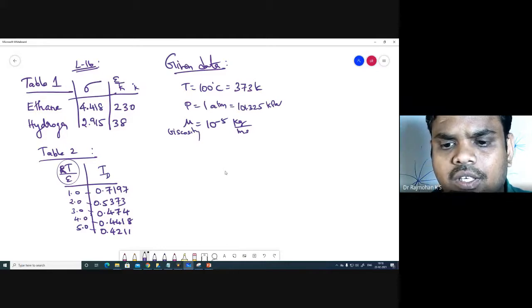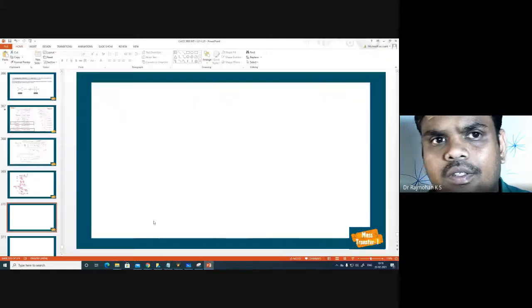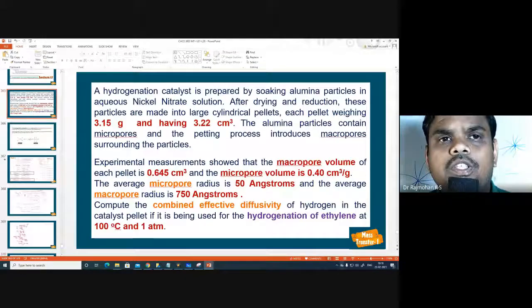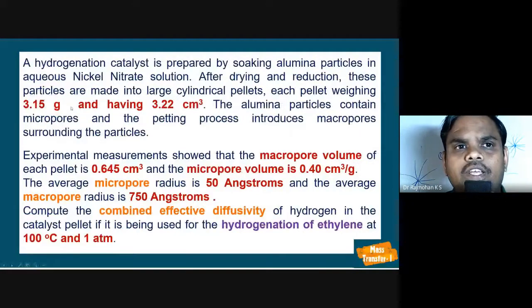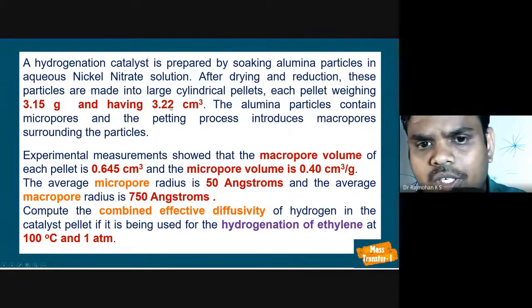There are other things given, which is the pellet data. Please refer to the pellet data. So what is the pellet? Each pellet weighs 3.15 grams, and the total volume of the pellet is 3.22 centimeter cube.